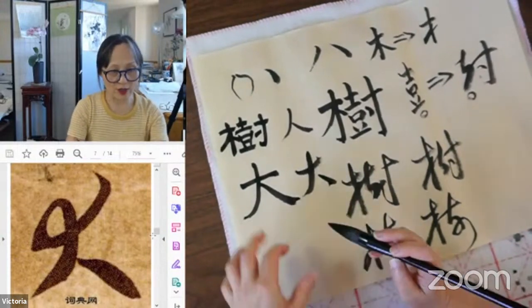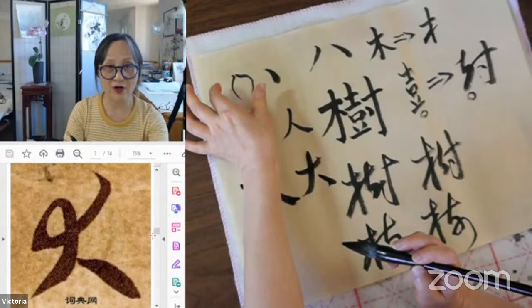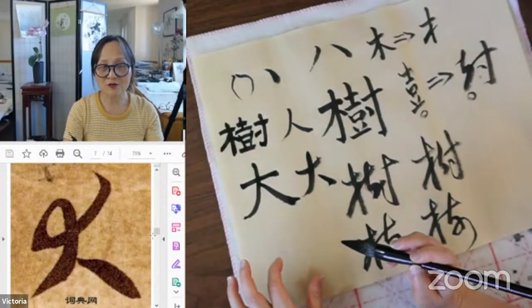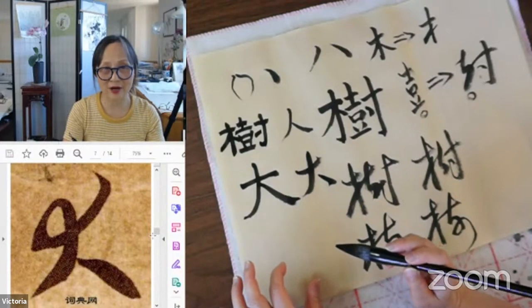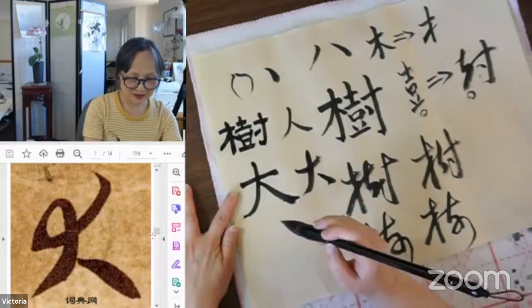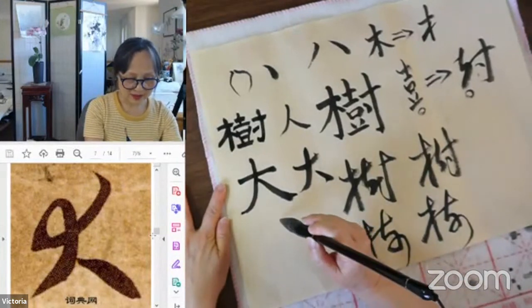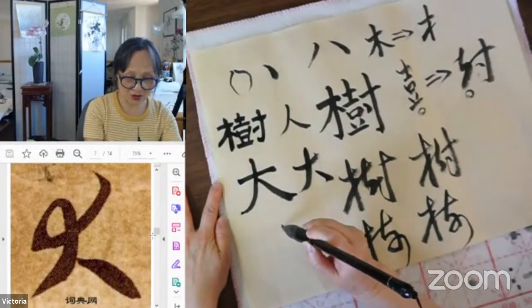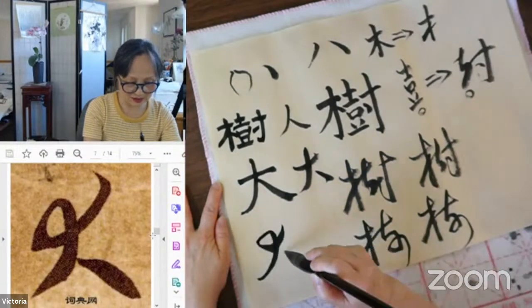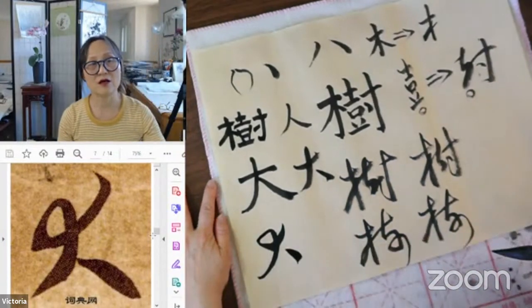Actually, before, because the character is a vertical line, start from the last character's writing up and then do that. So this is the horizontal and back to the center. Do that, and that's how it is written.